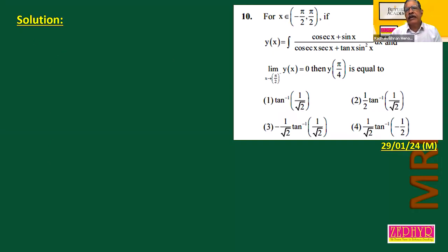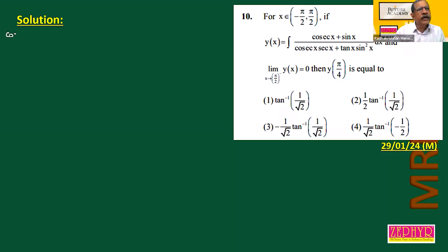So the numerator is not the derivative of the denominator. So numerator, cosec x, you write as 1 by sin x. So first of all, I am writing y of x, or I am just writing the integrand only.